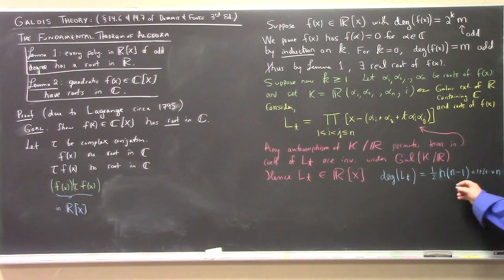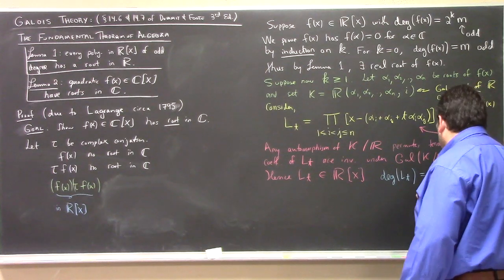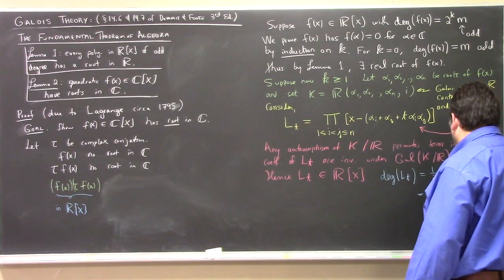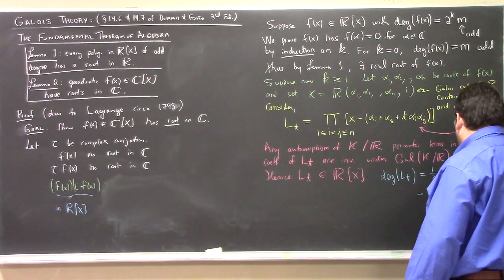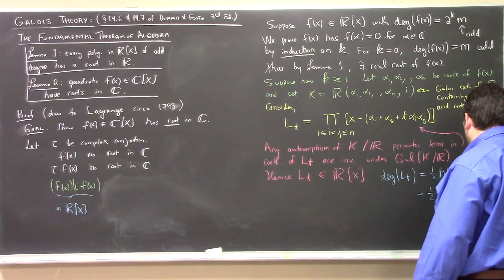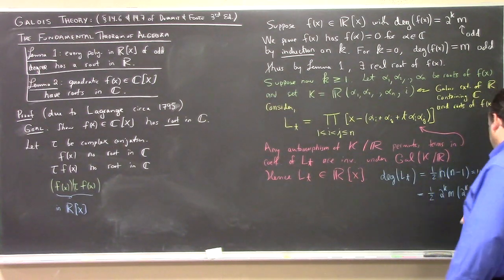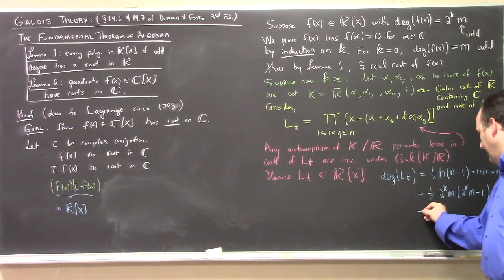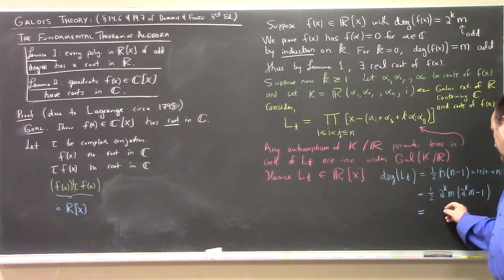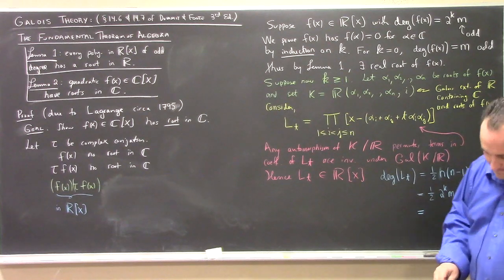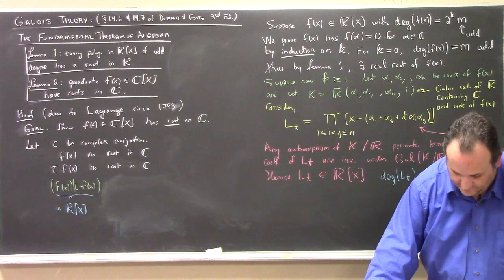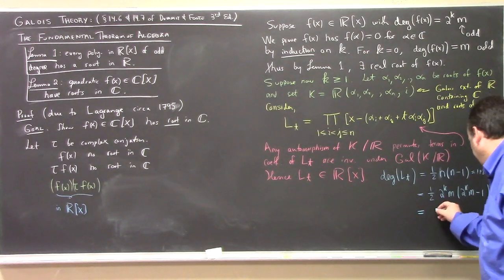Now, but we can do better than that. Because n is equal to 2 to the k times m, we've got 2 to the k times m times 2 to the k m minus 1, which is what? He says it's 2 to the k minus 1 times m prime.